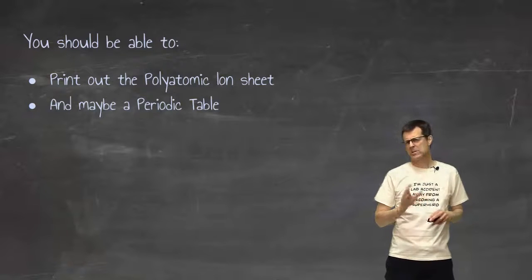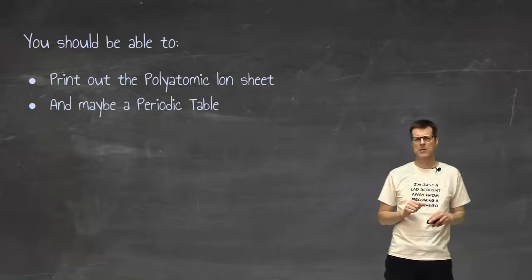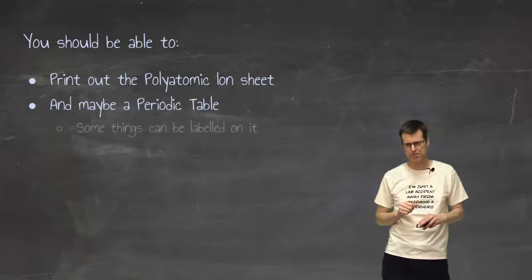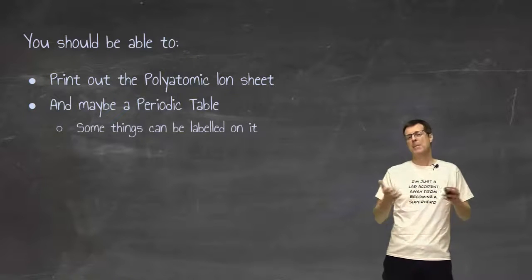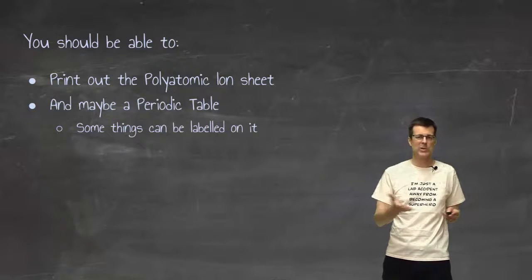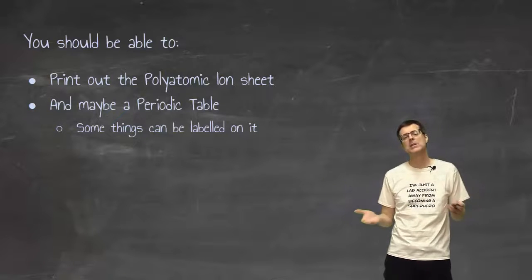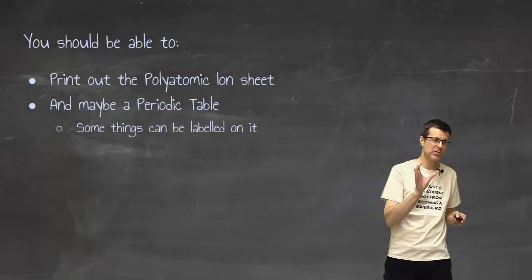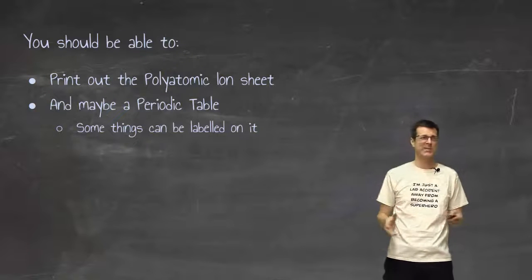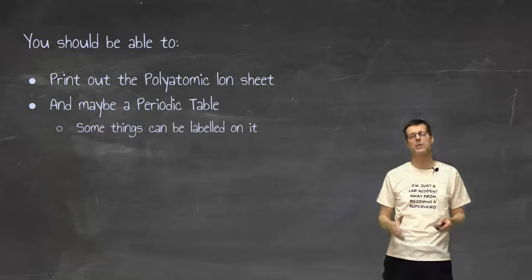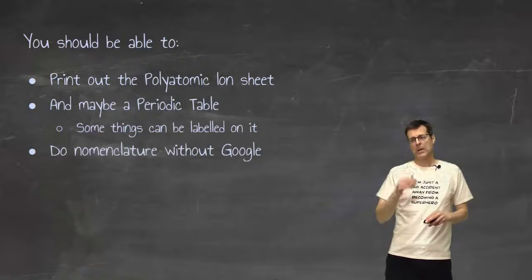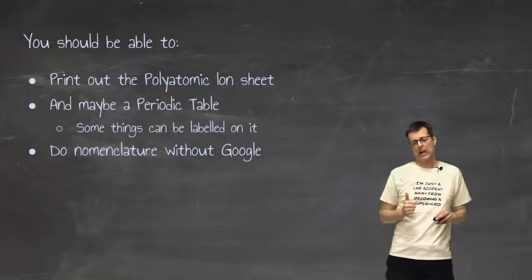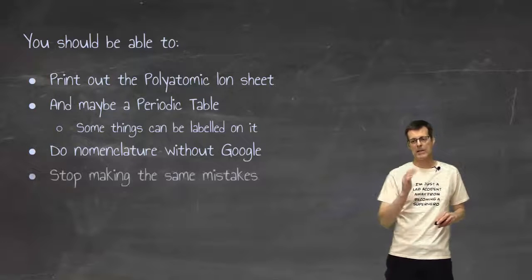Maybe the periodic table, because I have a feeling some of ours aren't using that periodic table very much either. And there are some things you can be labeling on it. Maybe not on a quiz, we'll let you know, but for at least your practice, so that you don't have to scramble around looking for things, that you don't have to say, oh, I'm not even going to bother, so you have the resources that you need. Okay. I'm not going to say anything else about that.